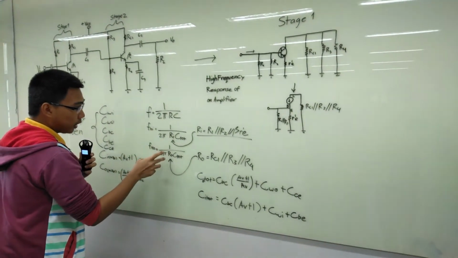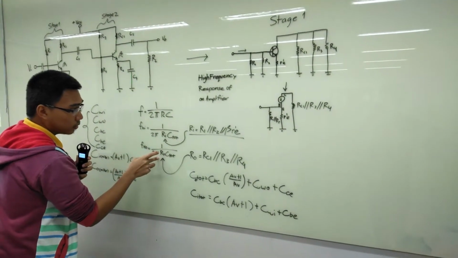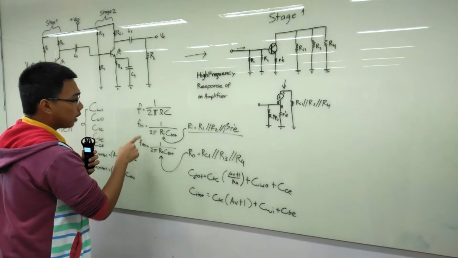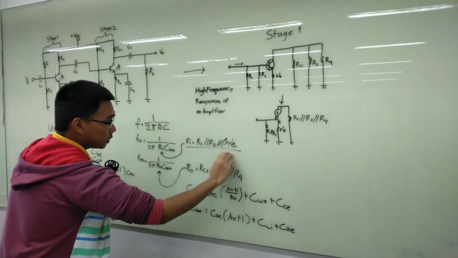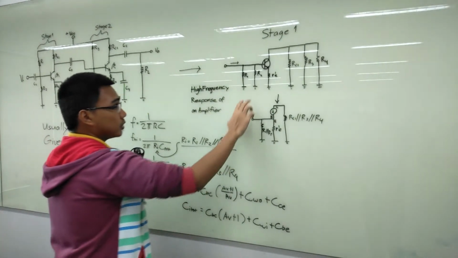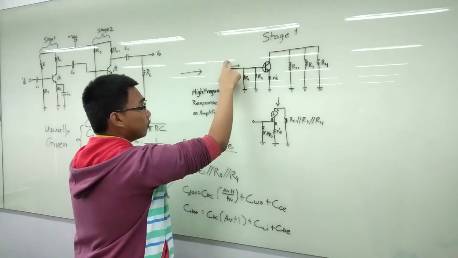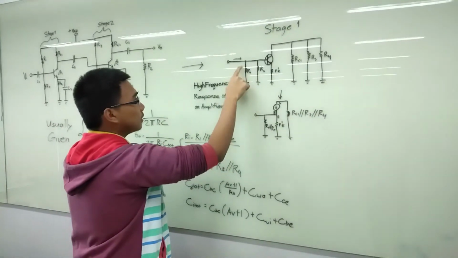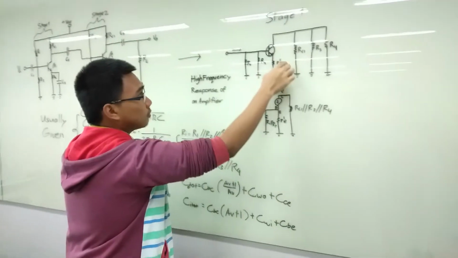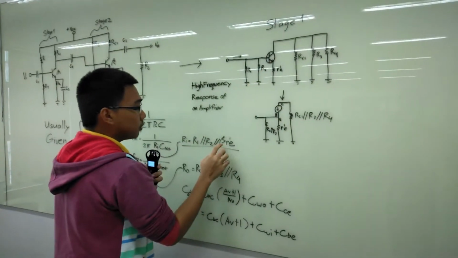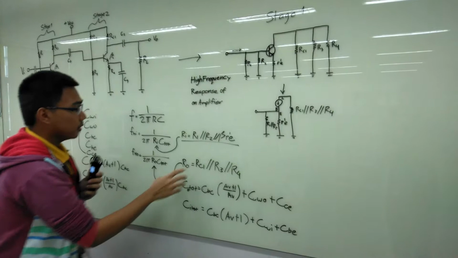For the R in and R out, for the high input and high output response, you will use the connection from the input side of the AC. So R in is R1 parallel to R2 parallel to the internal resistance R prime E multiplied by beta.